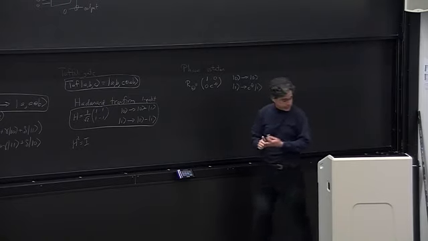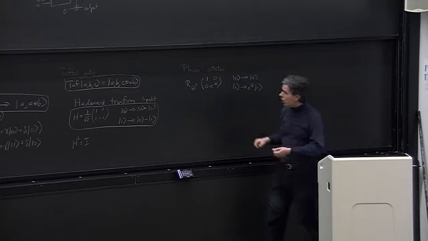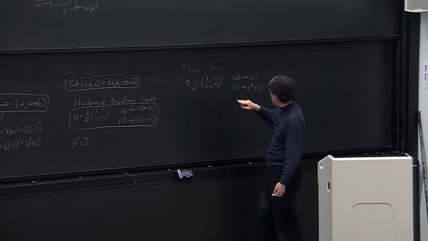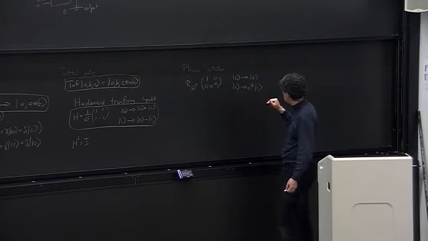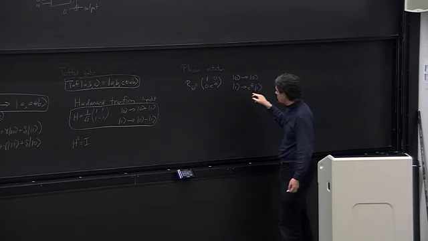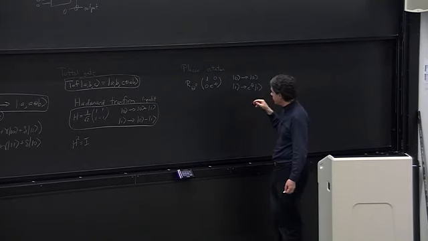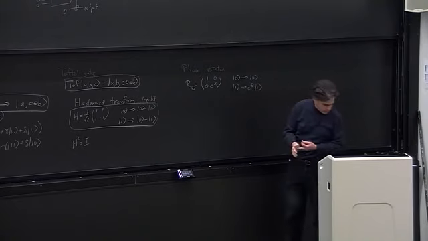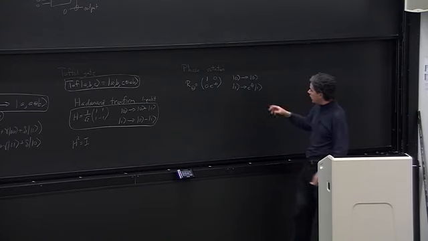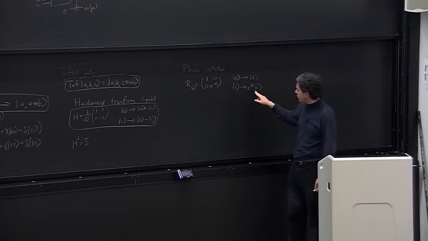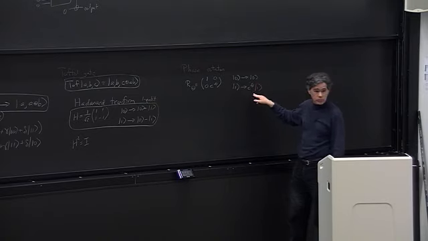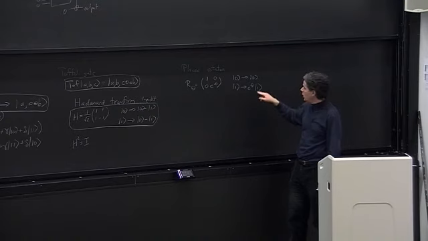So for instance, the pi phase gate here, that's the Z, the Pauli sigma Z, which takes 0 to 0 and 1 to minus 1.